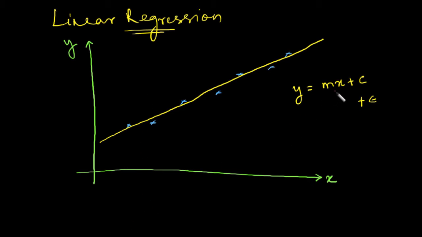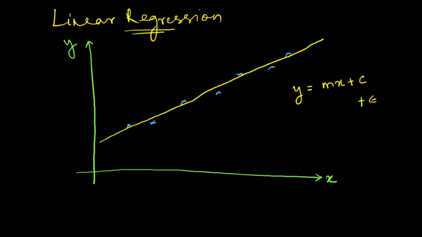So now this m is the slope of the straight line and this c is the y-intercept, and the job of linear regression is to use the data of these points to estimate m and c.